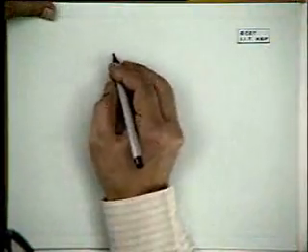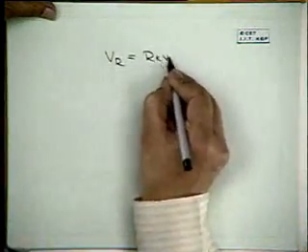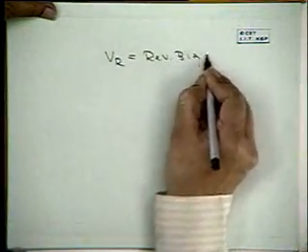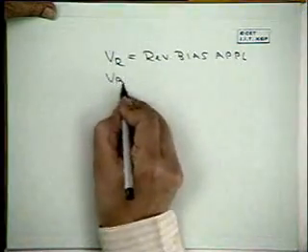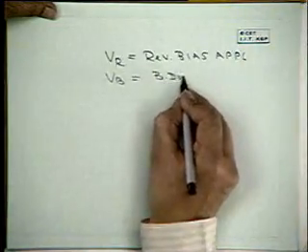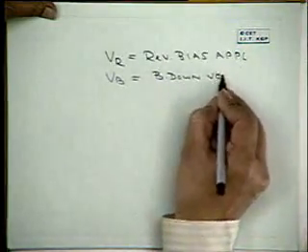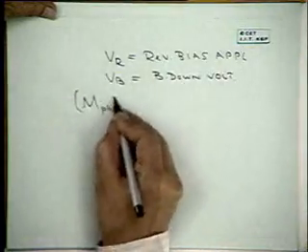Suppose we have VR is the actual reverse bias applied, VB is the breakdown, then MPH maximum.